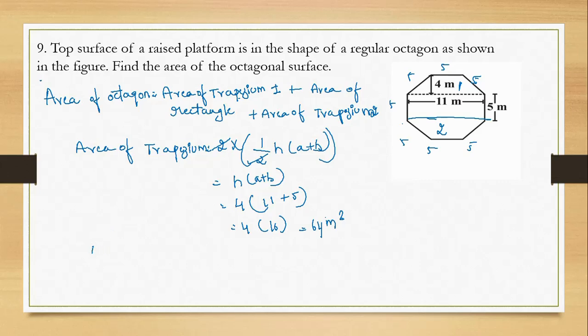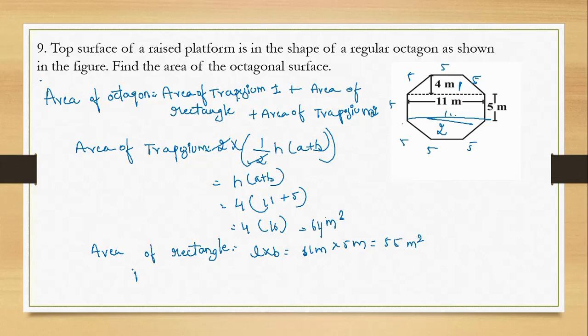So you find the area of the rectangle, that is length into breadth. Length is 11 meter, and breadth is 5 meter, that is 55 meter square.